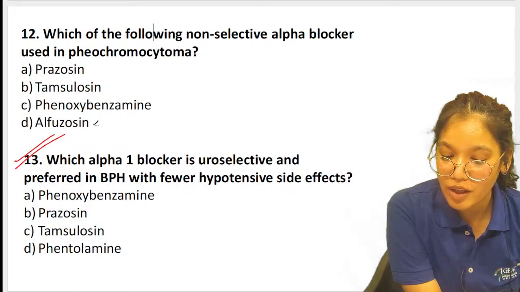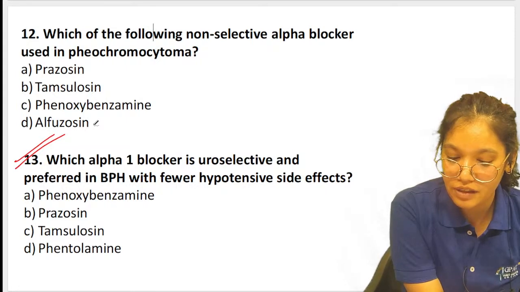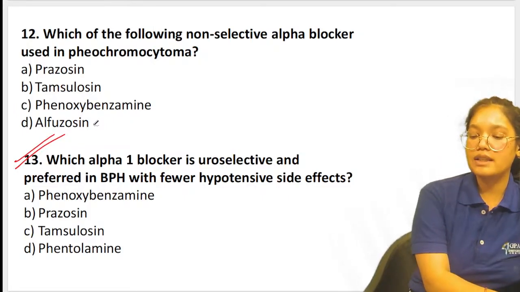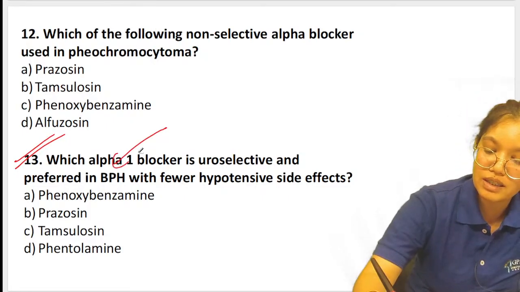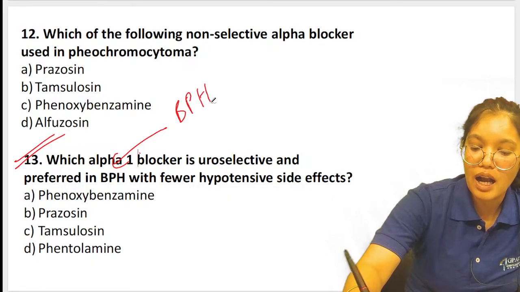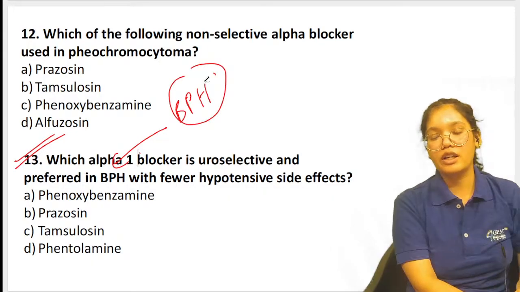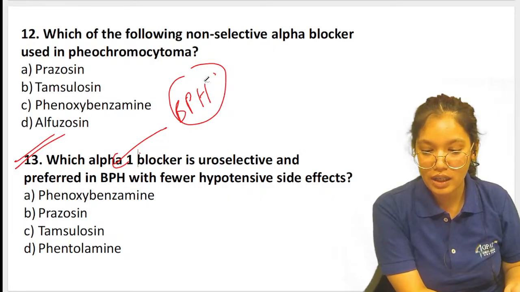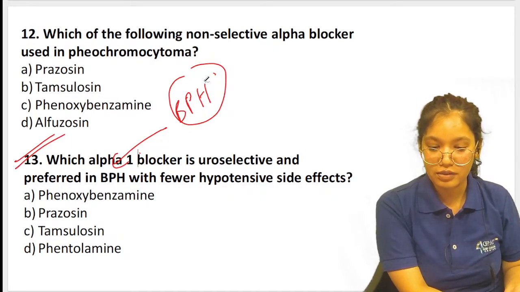Now the next question we have, which alpha 1 blocker is uroselective and preferred in BPH with fewer hypotensive side effects? Now what is BPH? Benign prostatic hyperplasia. I have already told you about that disease. So what is the alpha 1 blocker that is uroselective?